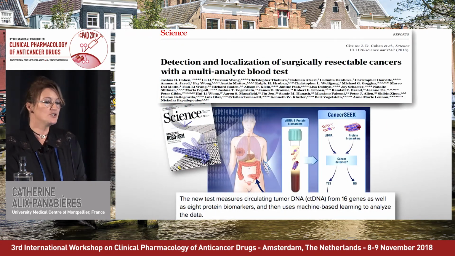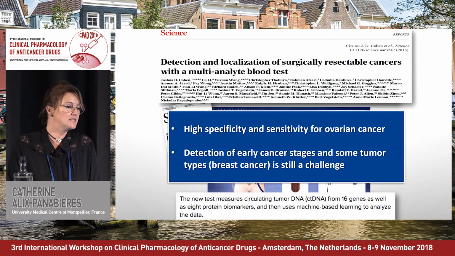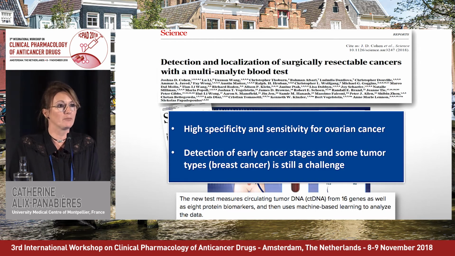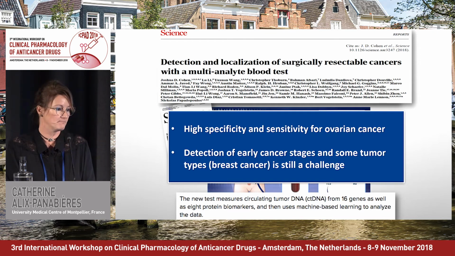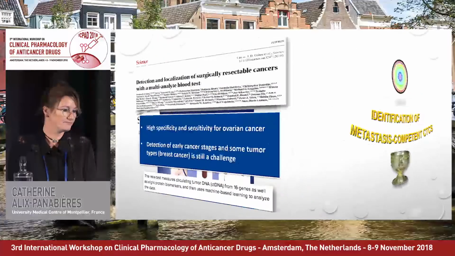Again, this year we had a really nice piece of work, highlighted everywhere, showing a combination of ctDNA and different proteins to have a better test, with complementary information from different circulating biomarkers. What is interesting is that you have a high specificity and sensitivity, for example, for ovarian cancer, but if you look carefully at, for example, stage 3 localized breast cancer, it did not have such a high specificity and sensitivity. So we are not yet at the screening of cancer, as I said before.